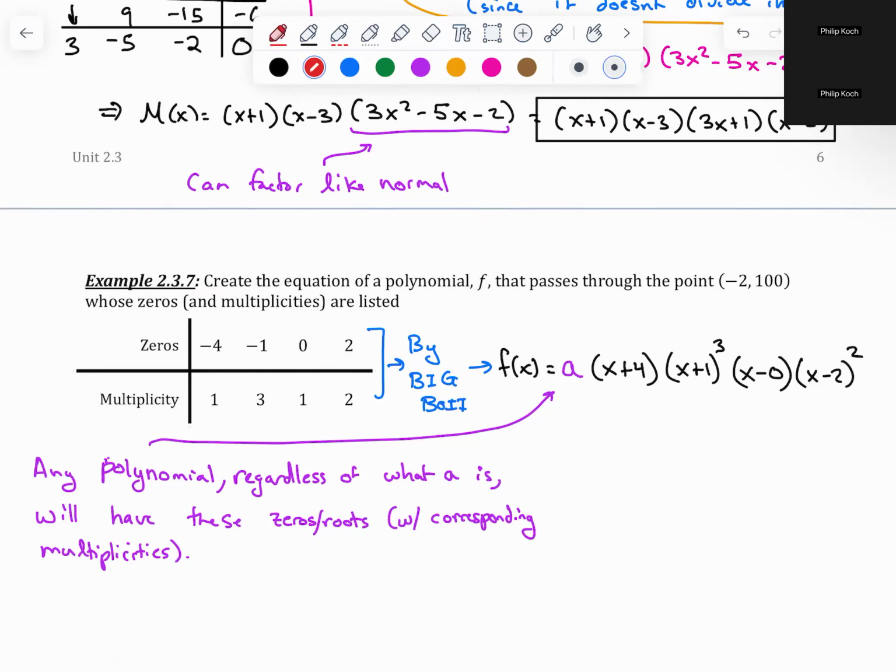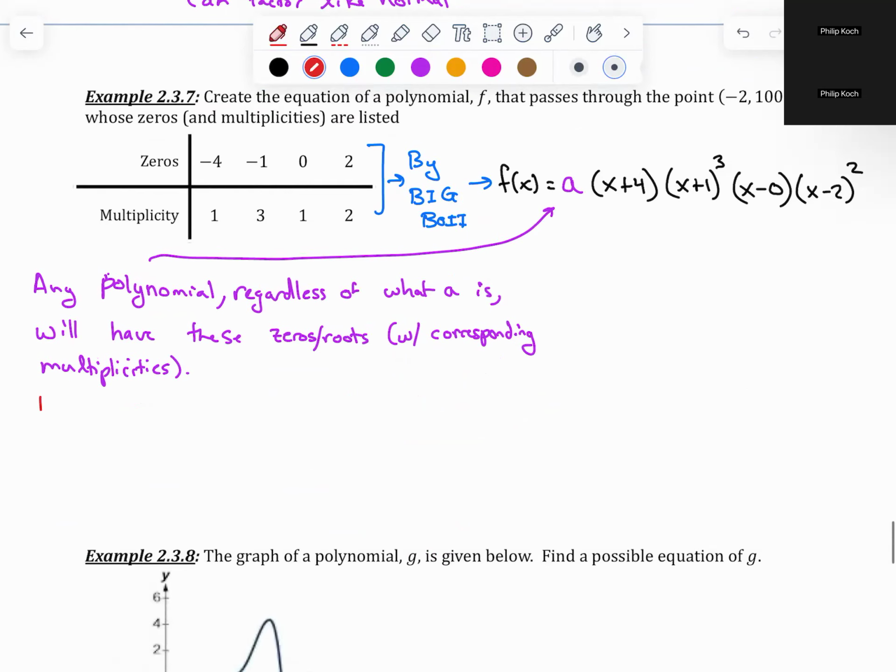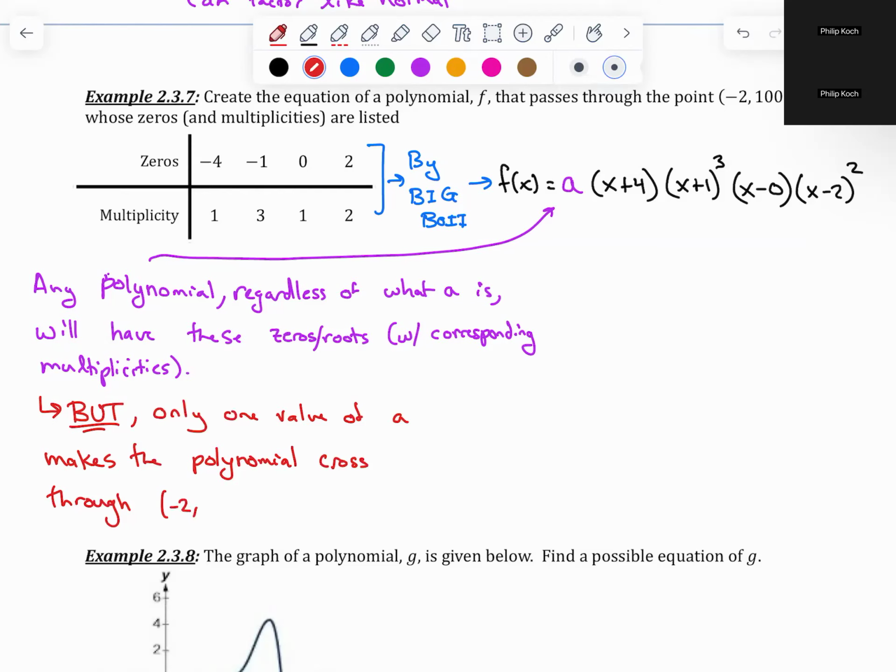So we're going to add that right beneath it: only one value of a makes the polynomial cross through negative 2, 100.